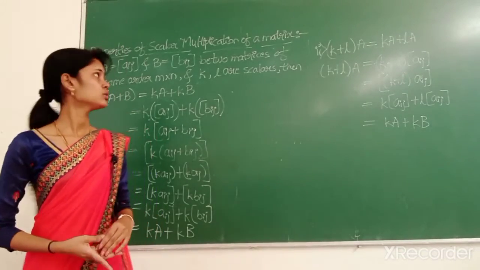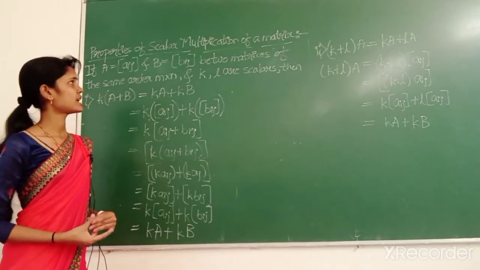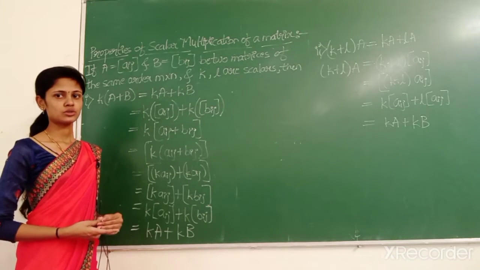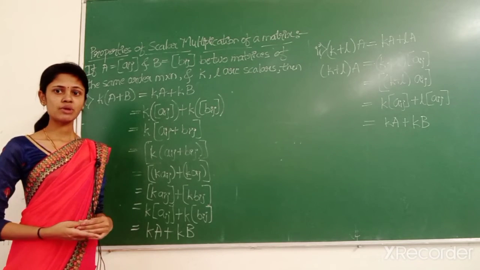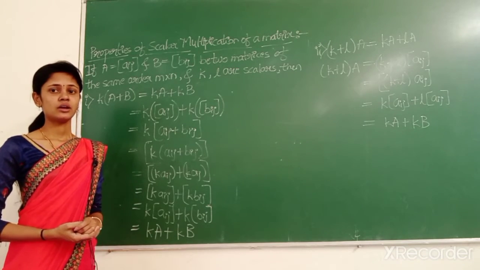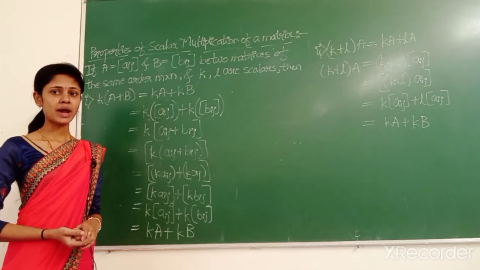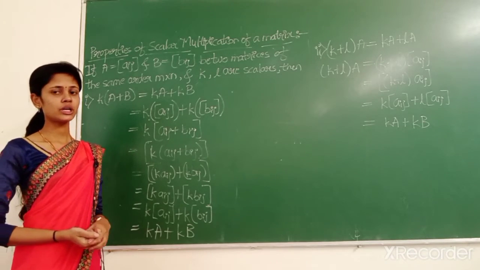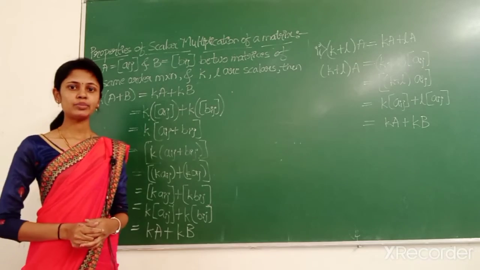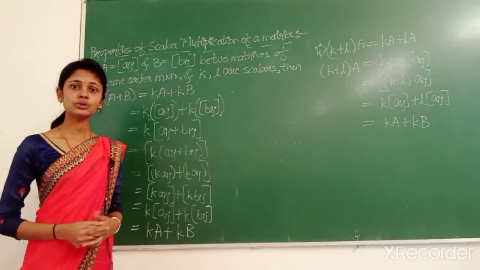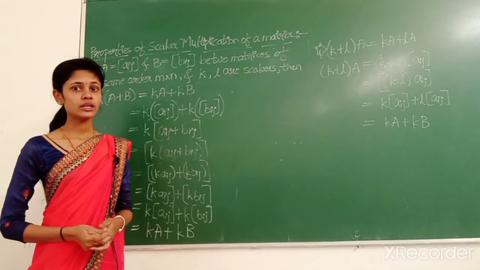Next we have the properties of scalar multiplication of a matrix. We have learnt how to multiply a matrix by a given scalar quantity: you multiply that scalar with every element of the given matrix.